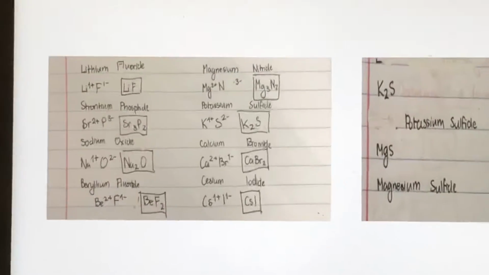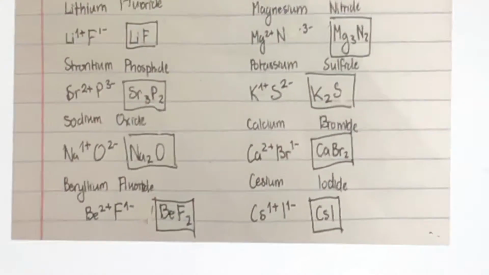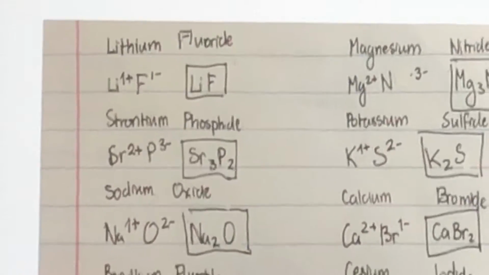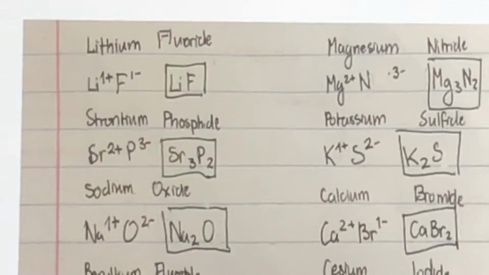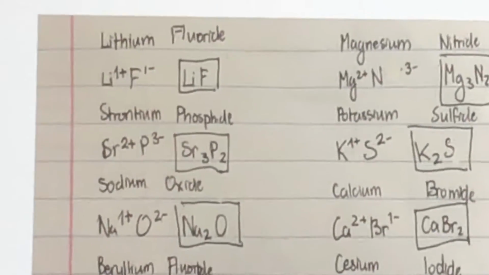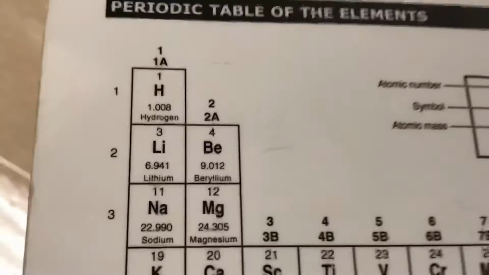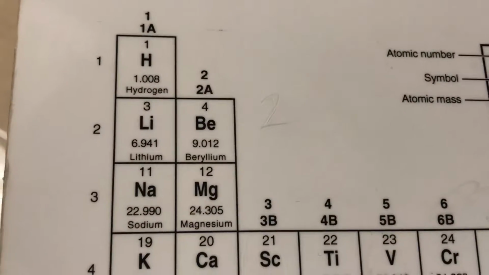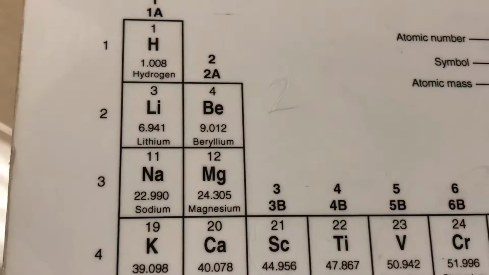Here we have some examples. We're not going to go through all of them, but we're going to pick some. Lithium fluoride, its formula is LiF, because Li is lithium right here, and it is giving away 1 valence electron.